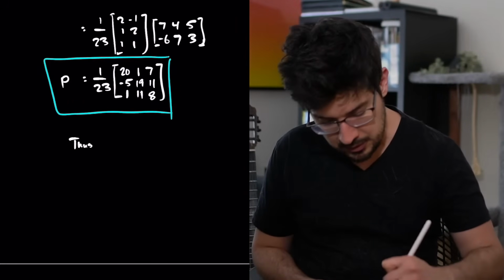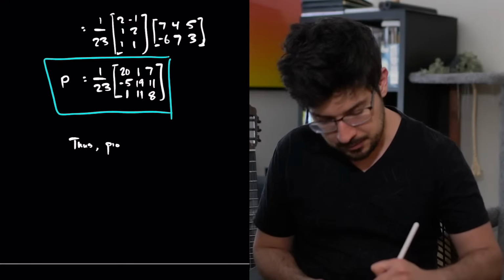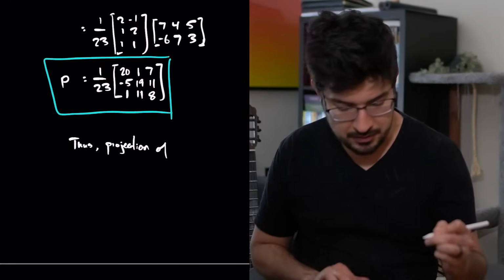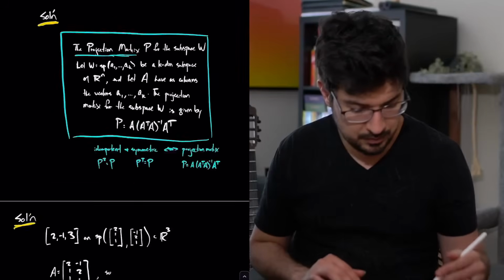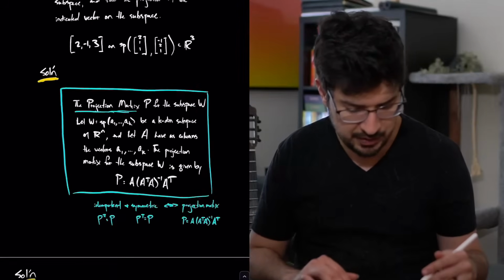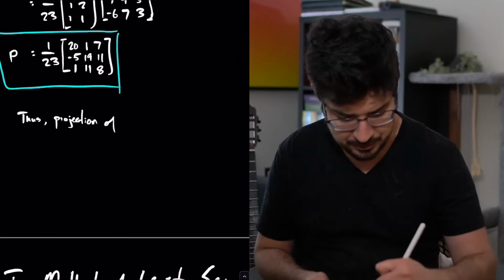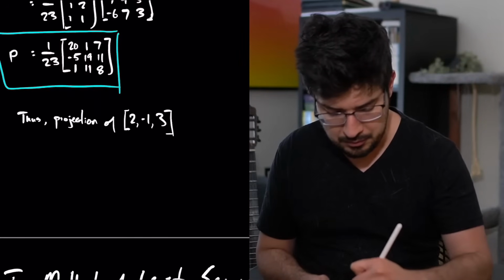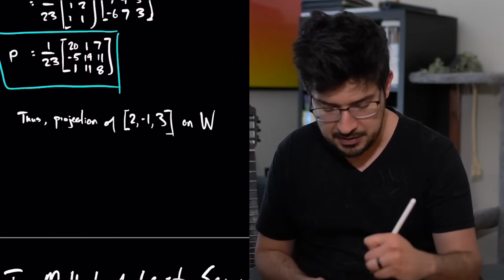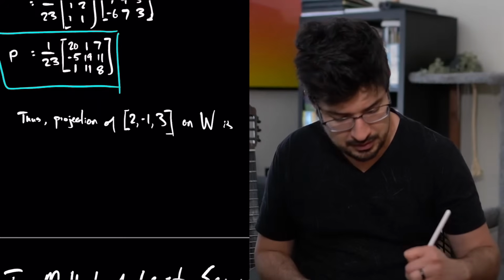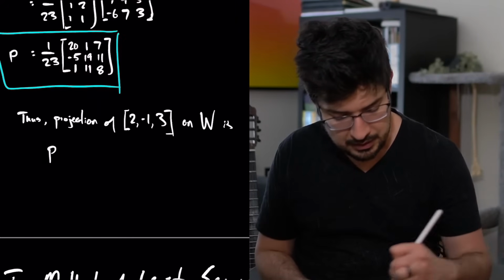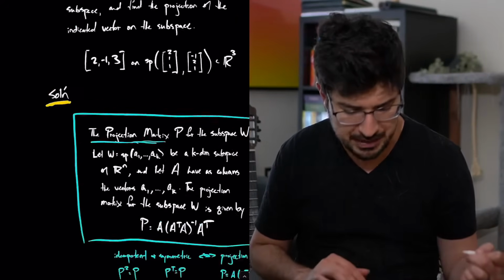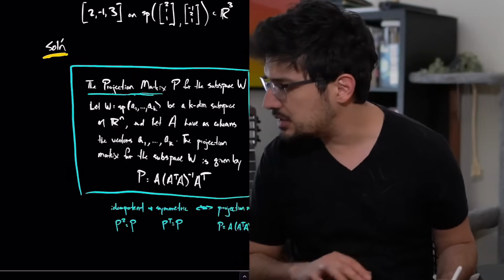Thus, the projection of 2, -1, 3 on our space W is P. For some reason, we're using B in places.